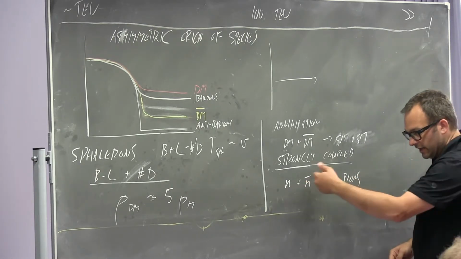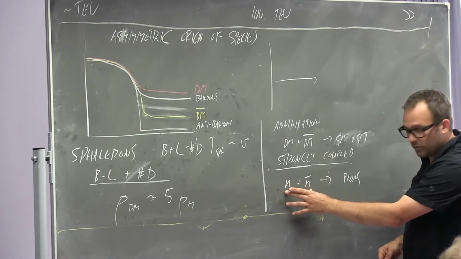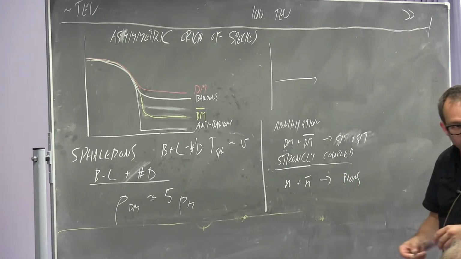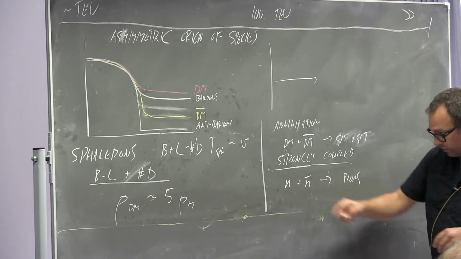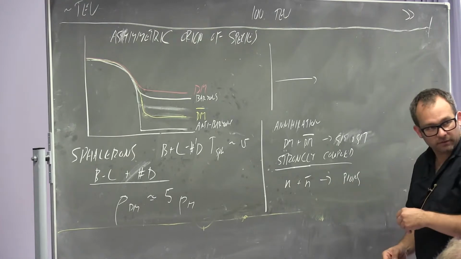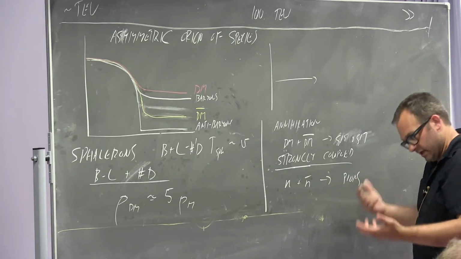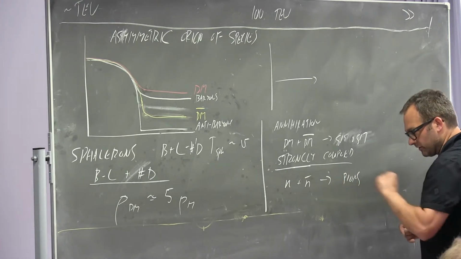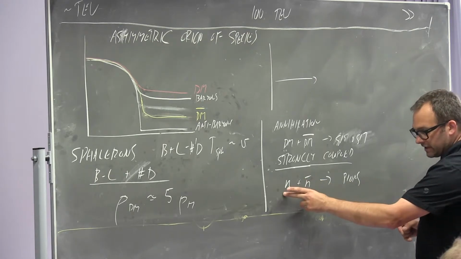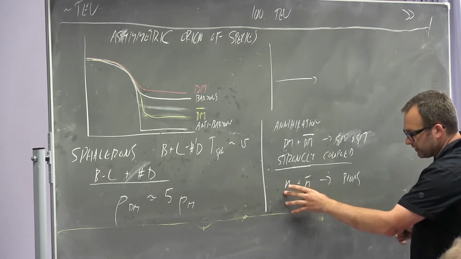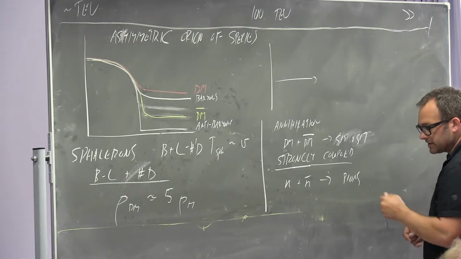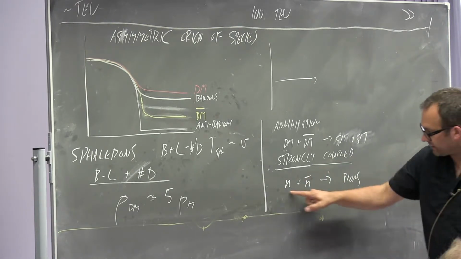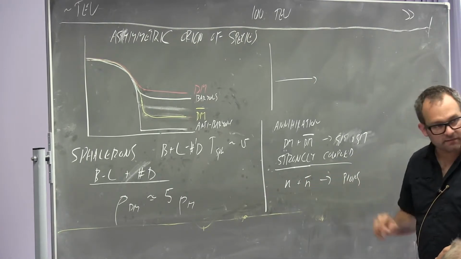So it annihilates away any would-be thermal abundance of neutrons. If, for example, we had a universe in which the neutron was stable, then of course we could have produced a population from this. Of course, it's not stable, but if it had been stable, you could have done this. But in fact, these things already have a strong interaction annihilating into pions, and so it's very effective to get rid of any symmetric abundance this way.